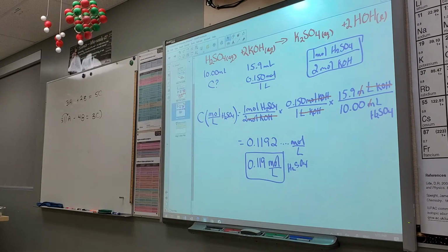This assignment has gravimetric, it has gas, and it has solution stoichiometry on it. I have all the faith in the world that you should be able to get this done by tomorrow.